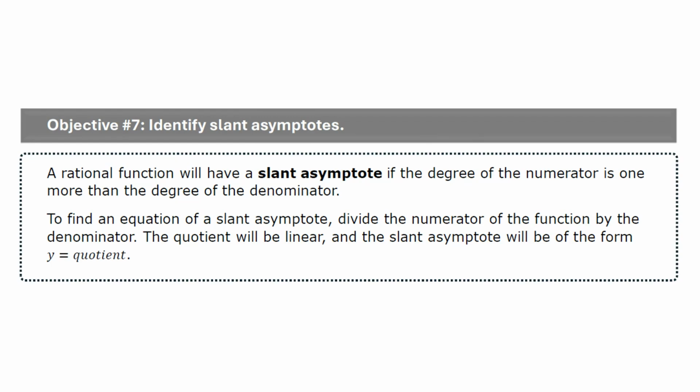A rational function will have a slant asymptote if the degree of the numerator is 1 more than the degree of the denominator. To find an equation of a slant asymptote, we're going to divide the numerator of the function by the denominator. The quotient will be linear, and the slant asymptote will be of the form y equals the quotient.